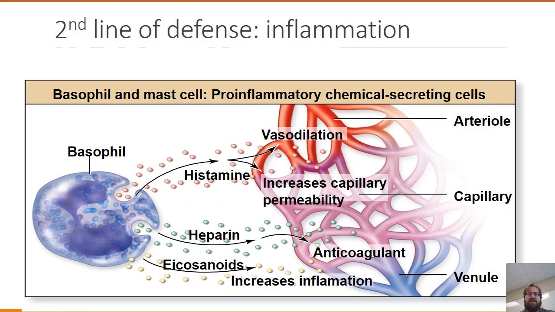All right, and then we have a couple of second lines of defense that are bigger than a single molecule or a single cell. They are whole processes that kind of take over a tissue or a body for a little bit and try to give the good guys an advantage over the bad guys.